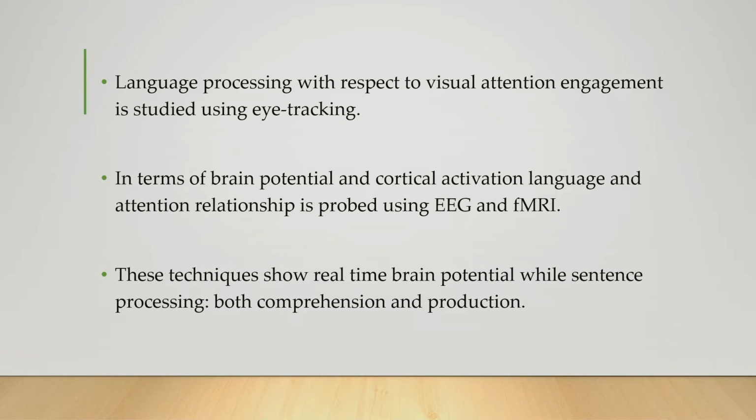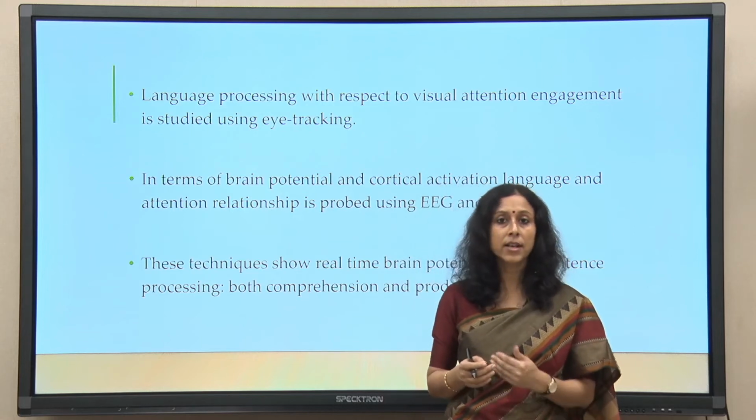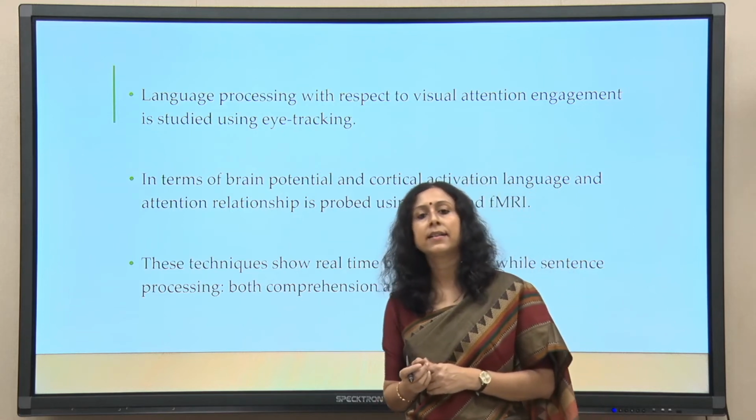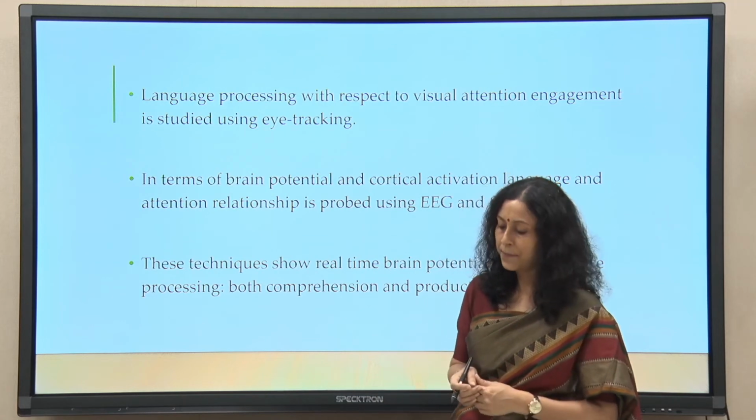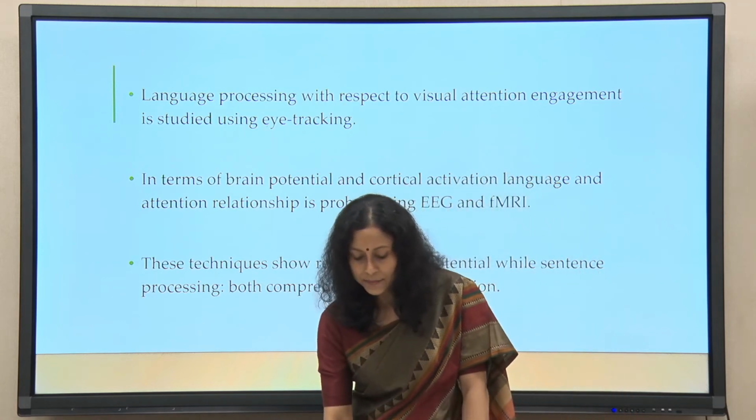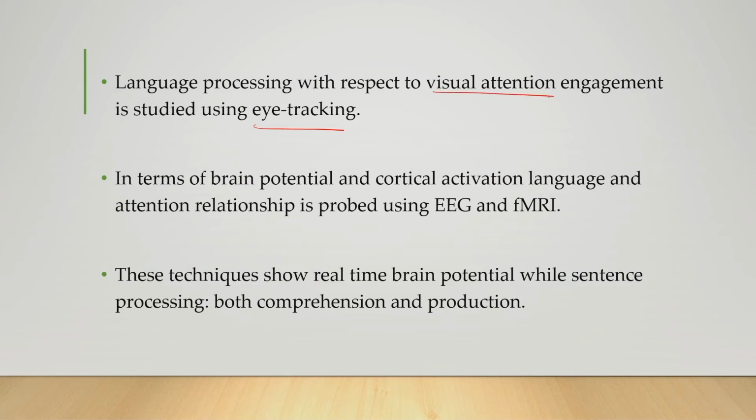Similarly, in terms of brain potential and cortical activation, the language and attention relationship is probed using EEG and fMRI. So, whereas eye tracking looks at visual attention engagement, EEG and fMRI look at brain potential. This is seen through EEG, and cortical activation is seen through fMRI.